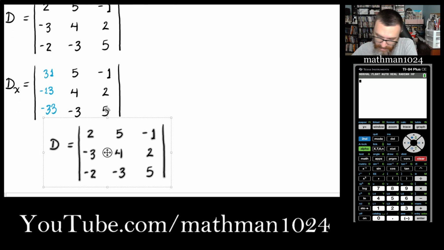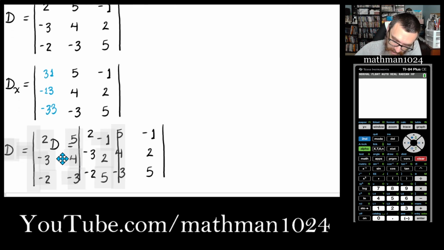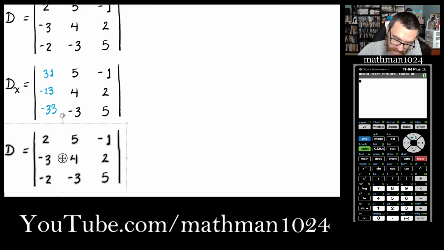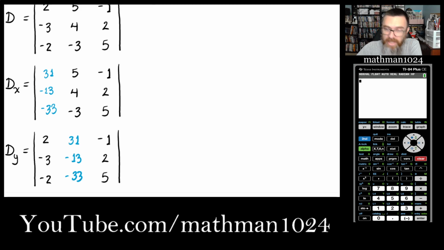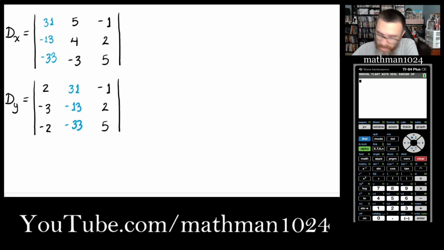Let's see. If I do this again, this time I'm going to do this for y, which means I'm going to erase the stuff in the y column, and in its place I'm going to write the constants. So that was again 31, -13, -33. Now, we're going to do one more time here.